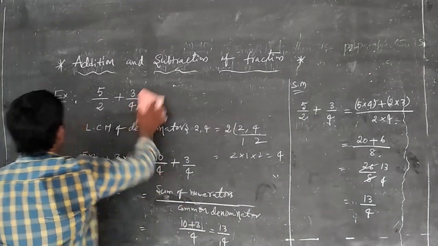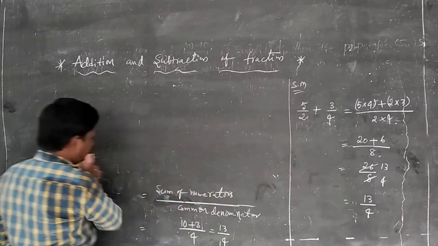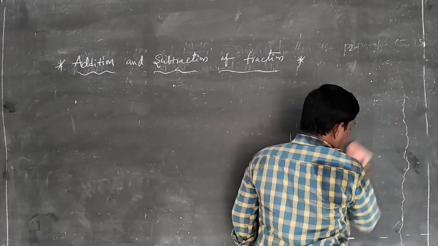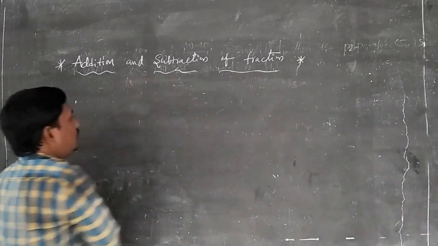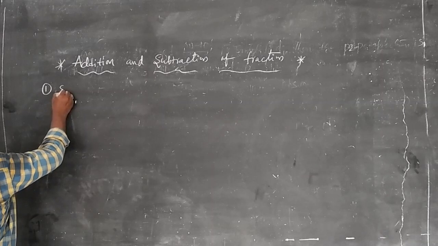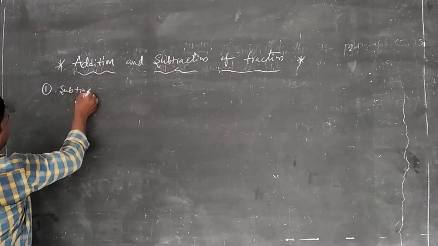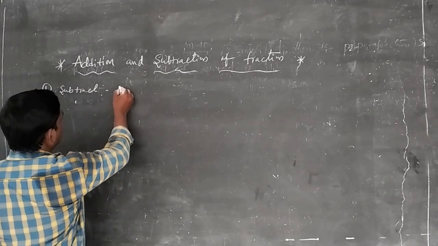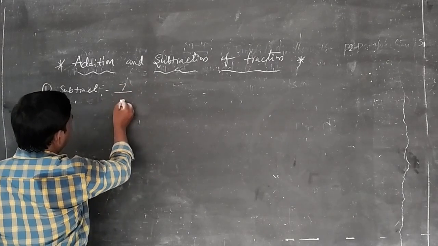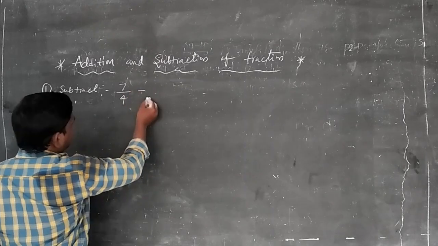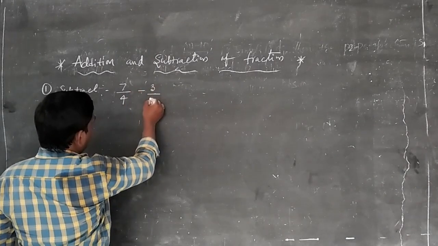Another example: subtract 7 by 4 minus 3 by 5.